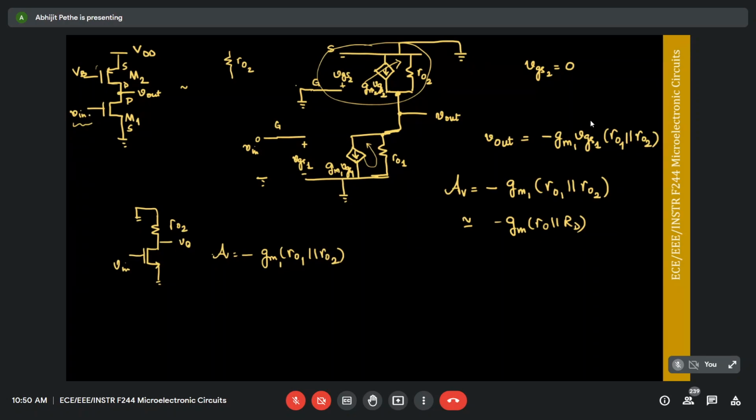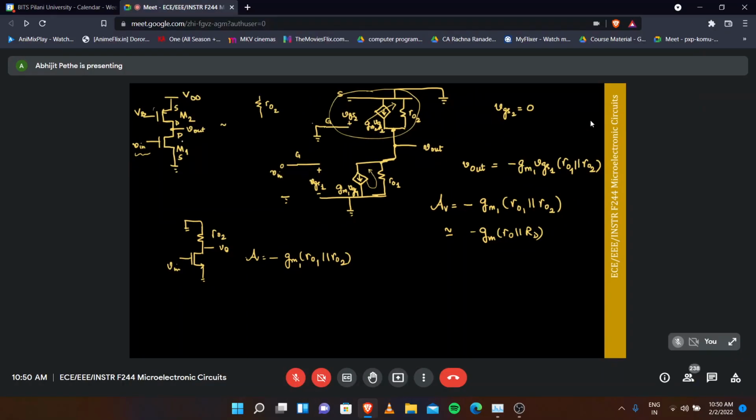So the current that was flowing because of this is the essential transconductance of the MOSFET, right? The MOSFET is a transconductance device. So M1 is doing the job of converting the input signal voltage to a current, and that current flows through the resistors, right? R01 parallel R02. Hence, we get the gain GM1 times R01 parallel R02.